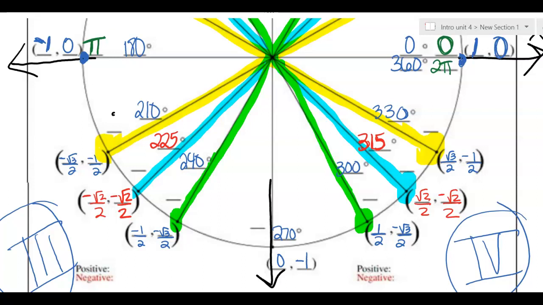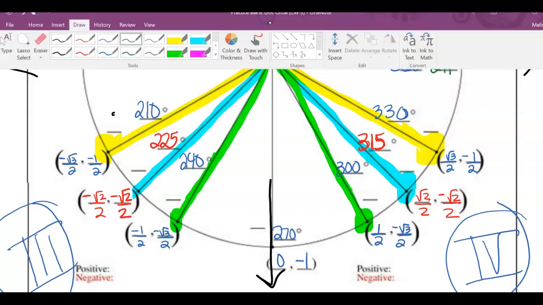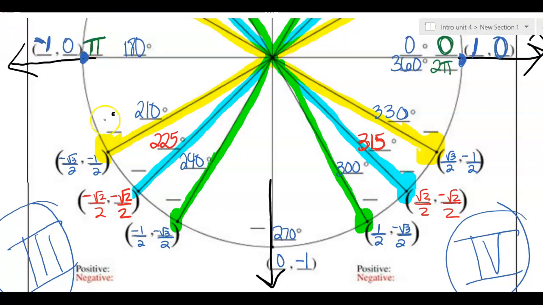If 180 is 6/6, then going 1/6 past that would be 7/6. So what you should have marked at 210 in radians is 7 pi over 6.